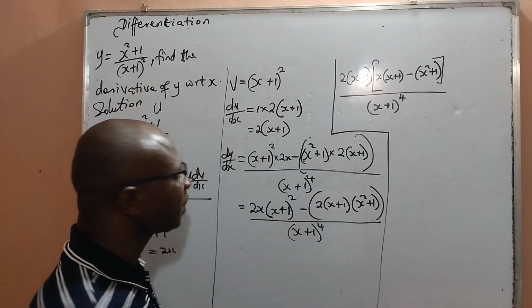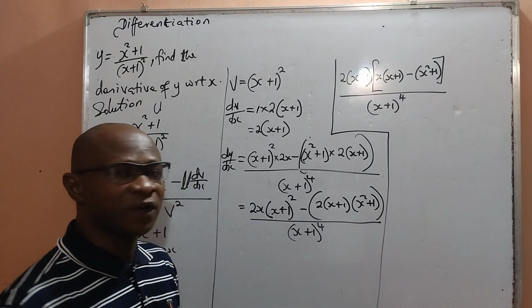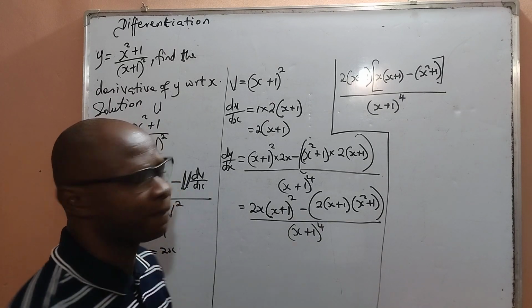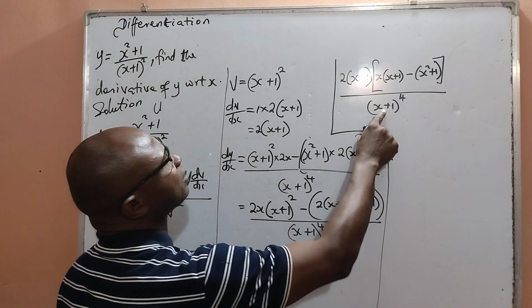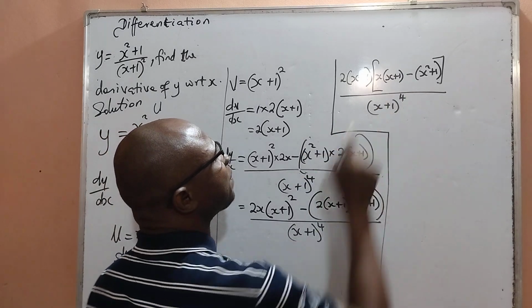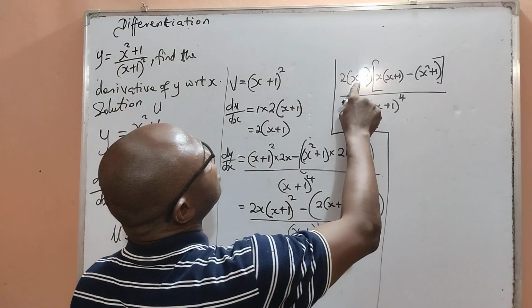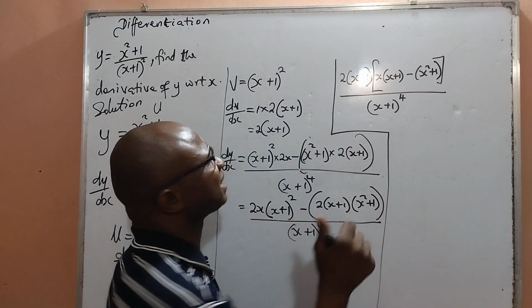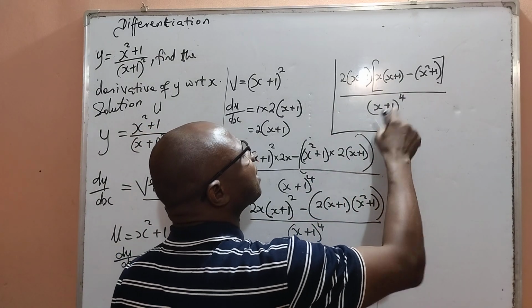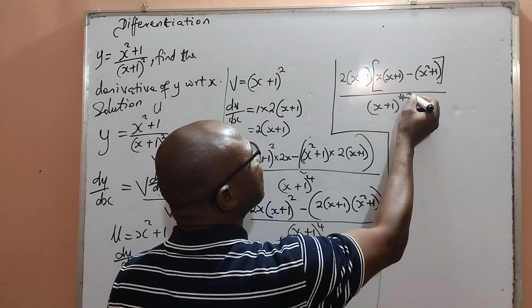Beautiful. We are looking for dy/dx in a simplified form. Now, looking at this, I have at the denominator (x plus 1) raised to power 4. I also have at the numerator (x plus 1). If I cancel one of the (x plus 1) here, it will remain to the power of 3.